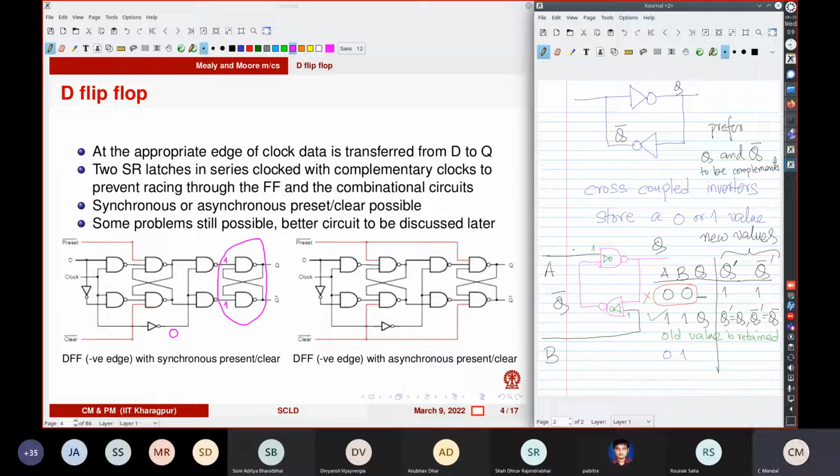So you set A to 0 and B to 1. When you set A to 0, this becomes 1, and this one becomes 0. So now you have a way to set this: irrespective of the old value of Q, the new value is 1 and this is 0. And you can see that these are also complementary.